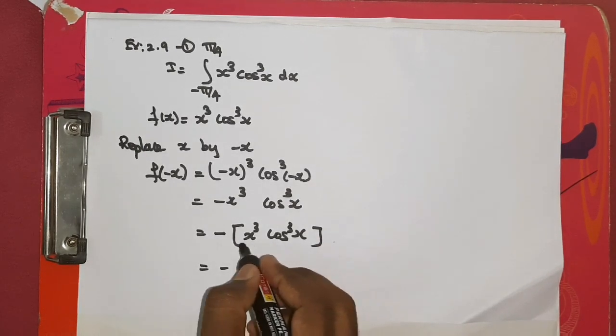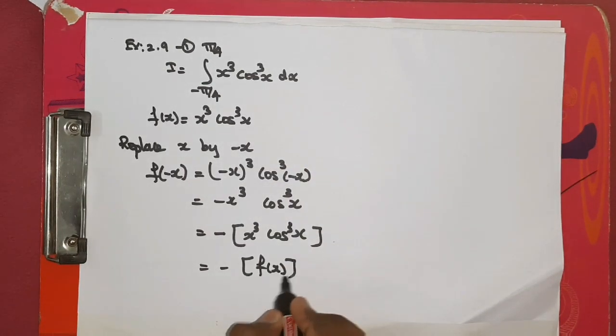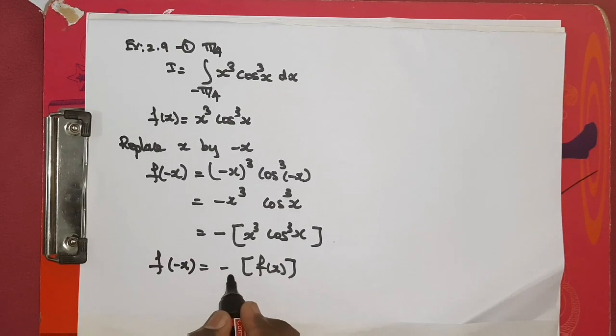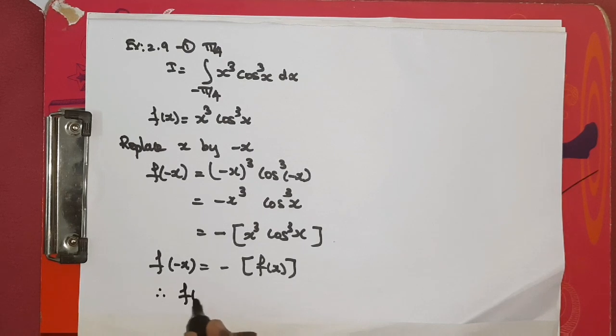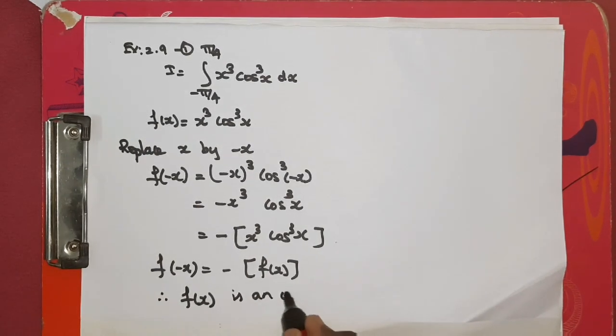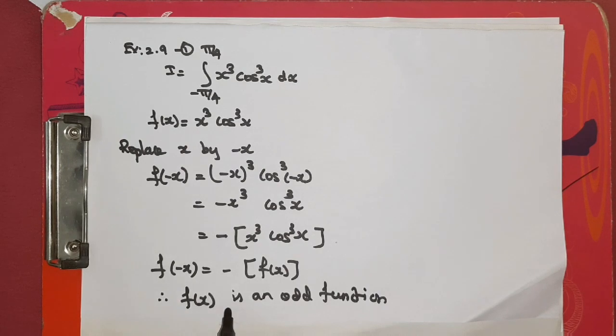Now this is nothing but the given function. So when I replace x as minus x in the function, I get the answer as negative of f of x. Therefore the given function is an odd function, because it satisfies the condition for an odd function. So it is an odd function, right?